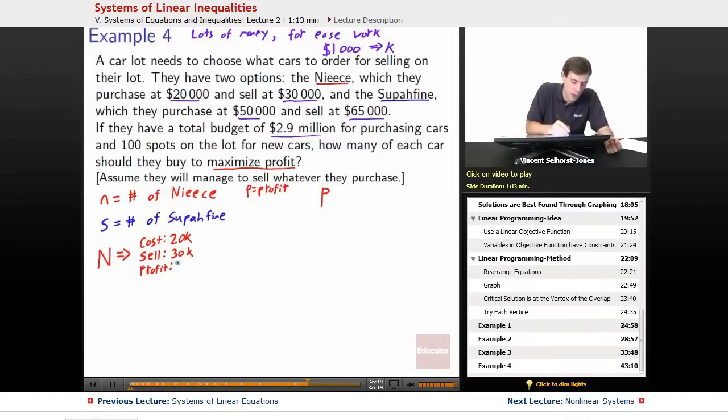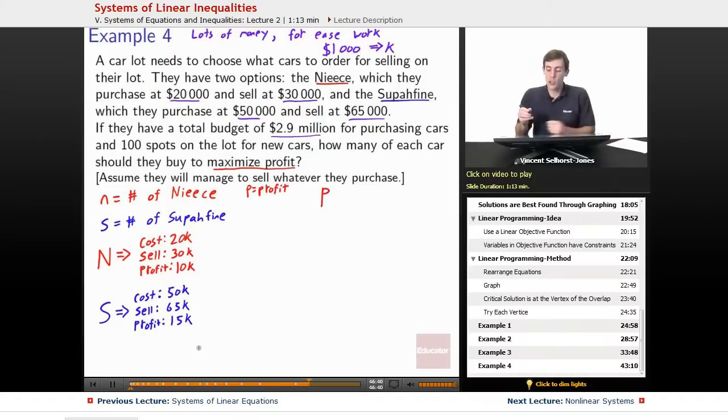So that would net them a profit of 10K. For the superfines, they cost 50K to buy. They sell them at 65K, so each one they sell is going to net them a profit of 15K.